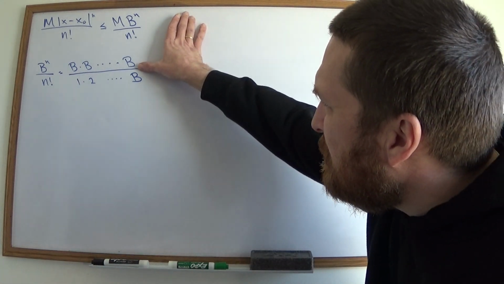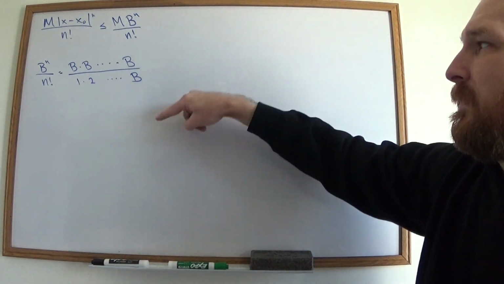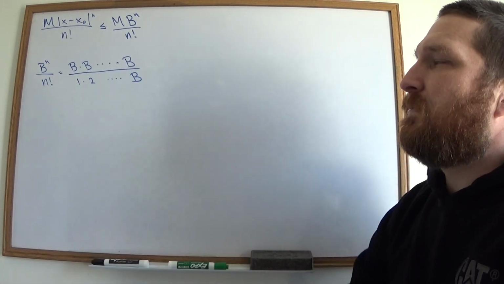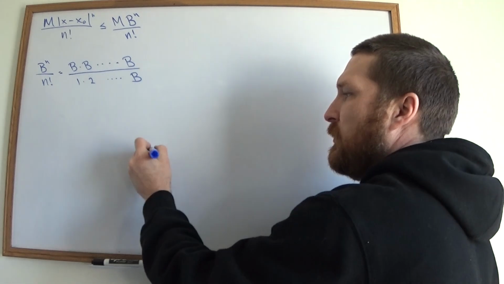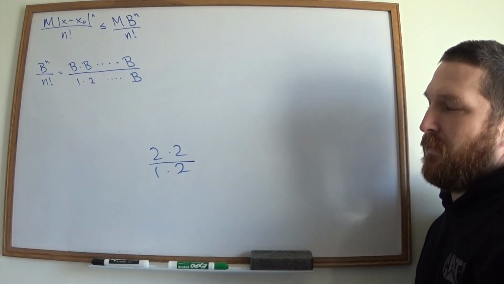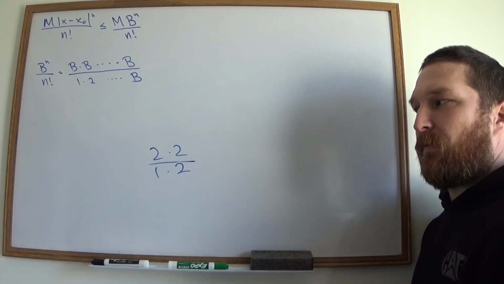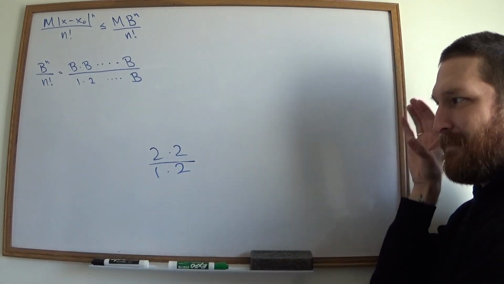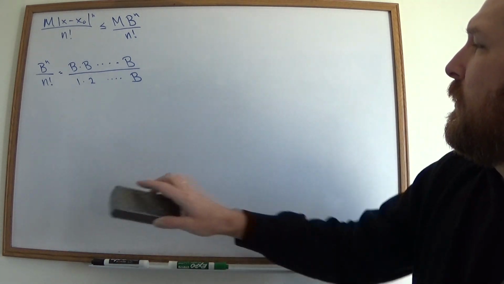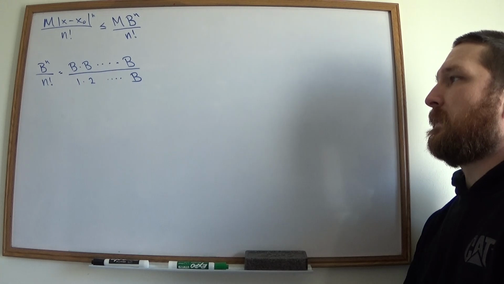Right now I could see the numerator is bigger than the denominator, right? That was the case even when b was 2, right? We had 2 times 2 over 1 times 2. Numerator's big, okay? We're not getting a handle on it yet. We want the denominator to be really big to make this thing small, okay? So we're not there yet, so let's keep going.